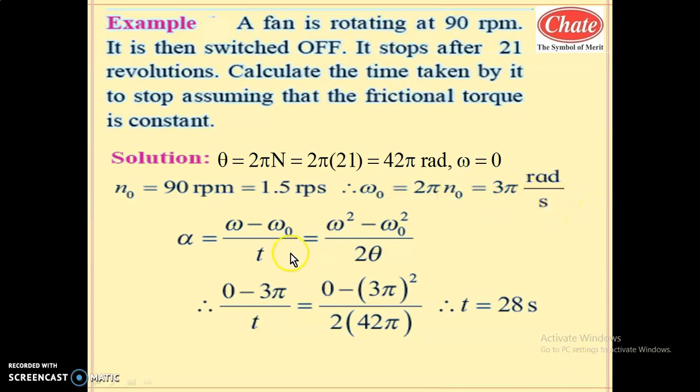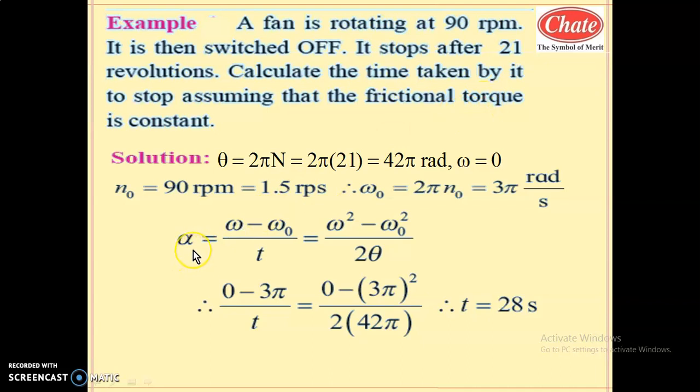Now we have to calculate how much time the fan takes before coming to rest. In the question itself, the words constant frictional torque are used, meaning constant angular acceleration. Torque is analogous to force. So let us apply the equation of alpha.